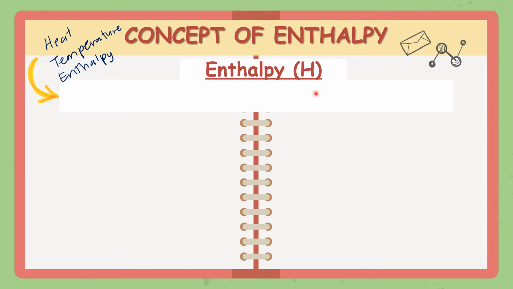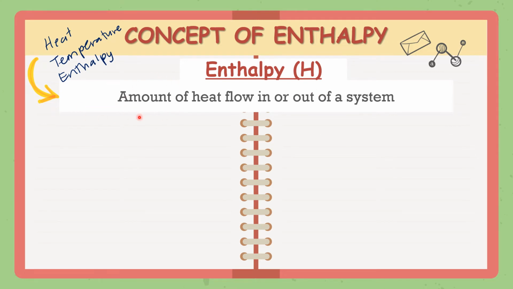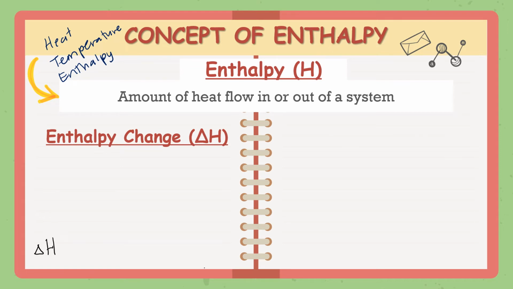For enthalpy, we have two different types. First, we have enthalpy change, delta H. This is the difference between the enthalpies of the product and the enthalpies of the reactant. We can also write it down like this: delta H reaction equals H of product minus H of reactant.